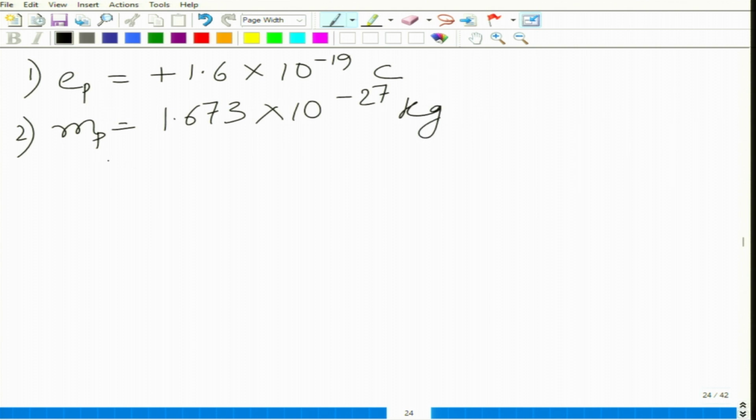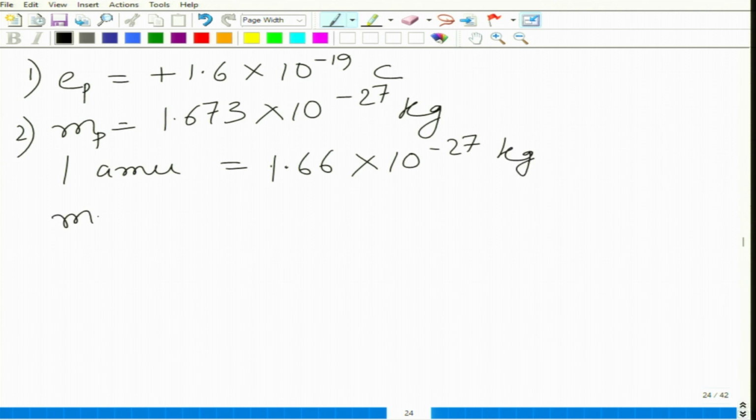If we convert it to AMU, 1 AMU equals 1.66 into 10 raised to minus 27 kg. So the mass of proton in AMU was found out to be 1.007 AMU.